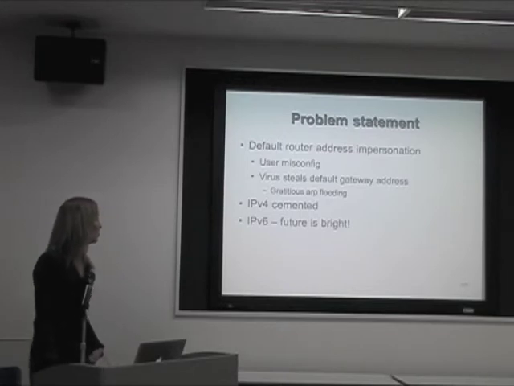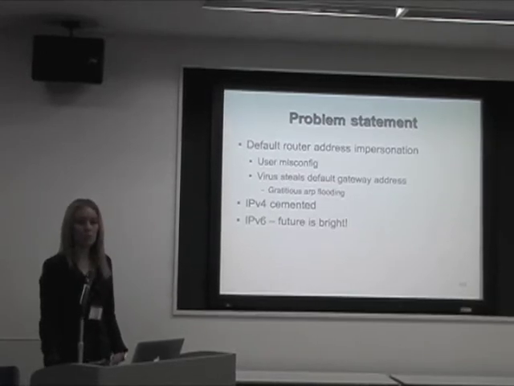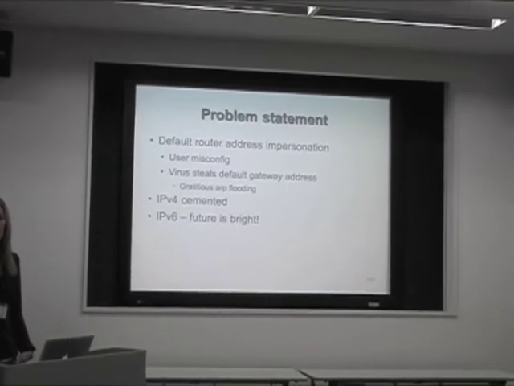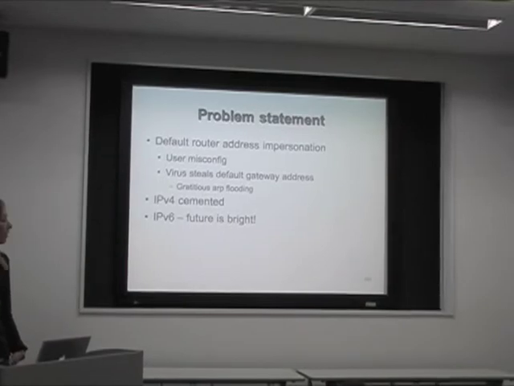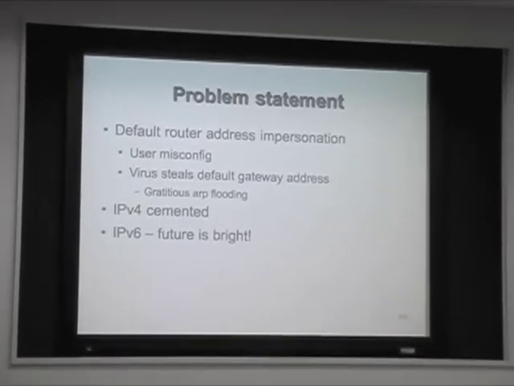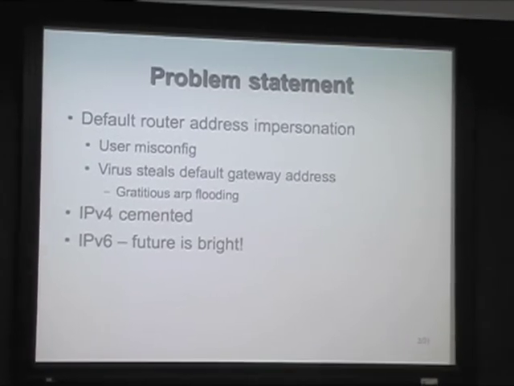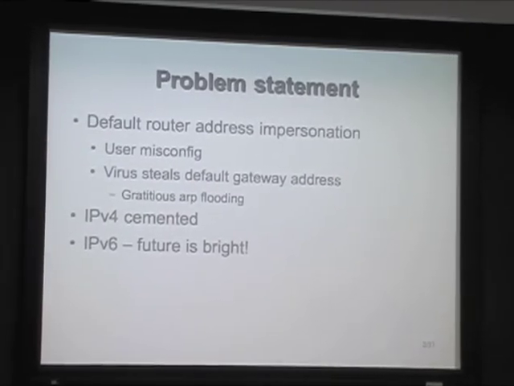And there's the problem of default router impersonation, either due to user misconfiguration, so basically someone connects to the network and just by accident configures default router's address, or due to different viruses that are meant to steal default gateway address, so what they do is ARP flooding or just cause any other issues.